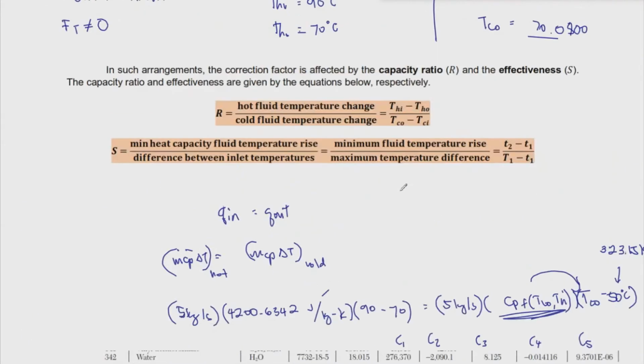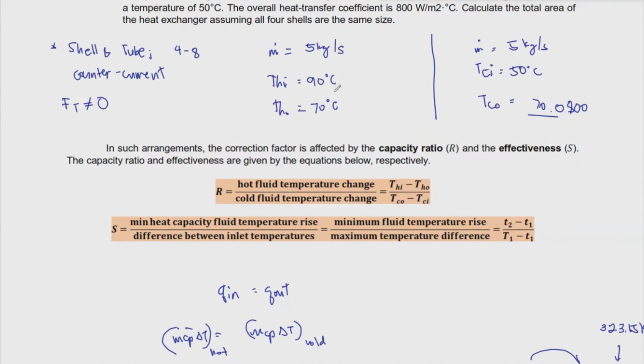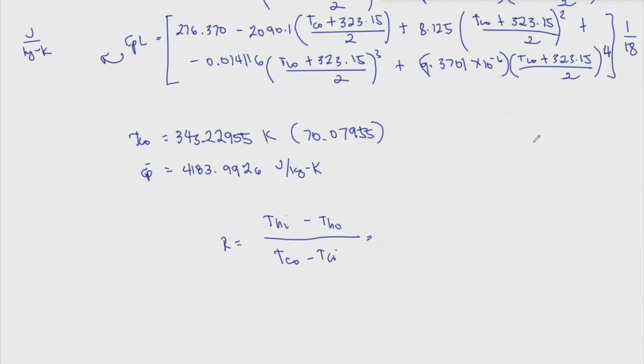Going back, that's 90 and then 70, and then 70.0800 and 50. So we get 90 for the hot inlet and 70 degrees Celsius for the hot outlet, and the cold outlet will be 70.0800, and for the cold inlet we have 50 degrees Celsius. So this is equivalent to 0.996, or approximately equal to 1, but we'll just be using 0.9960 for this one.